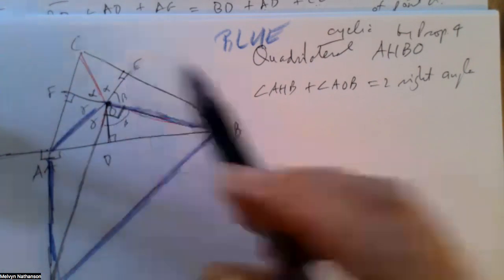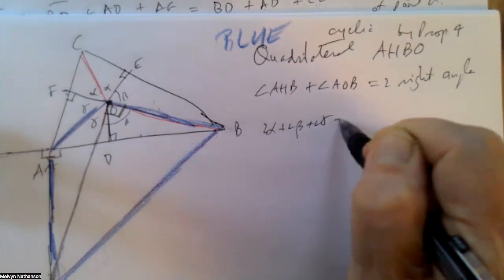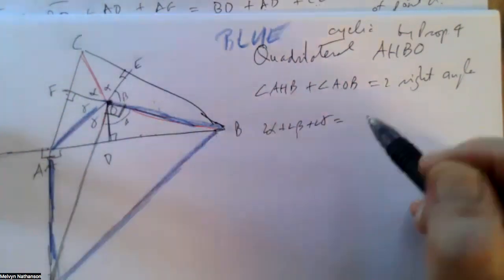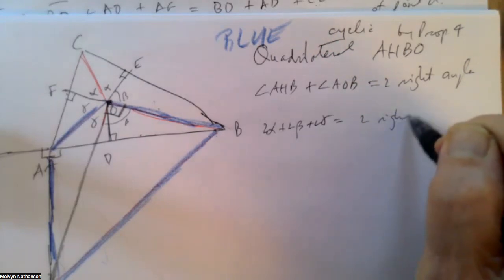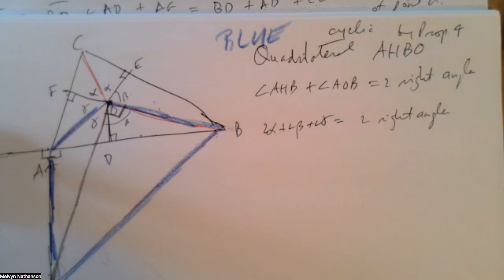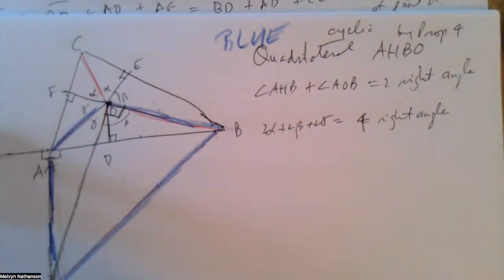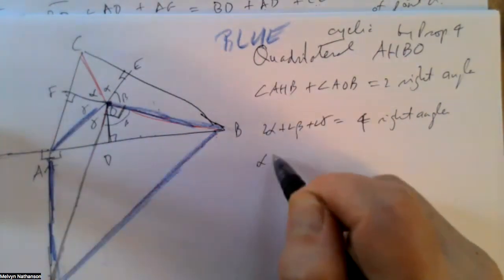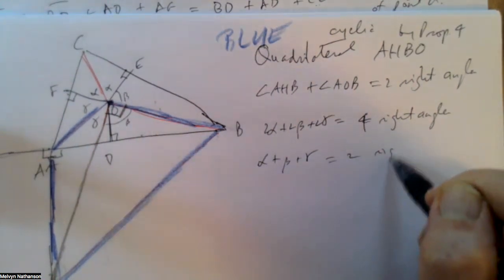So if I add up all of these angles, 2 alpha plus 2 beta plus 2 gamma, that's a whole angle that adds up to, sorry, 4 right angles. Go all the way around. So alpha plus beta plus gamma, if you divide by 2, adds up to 2 right angles.